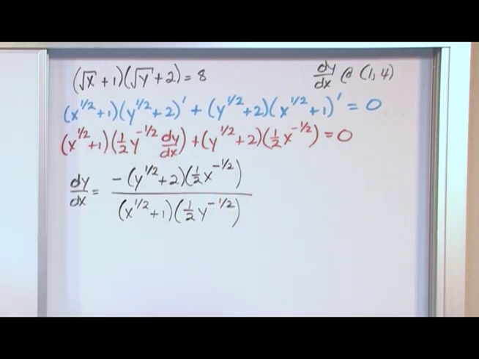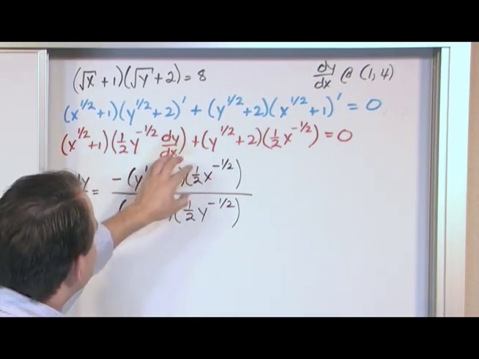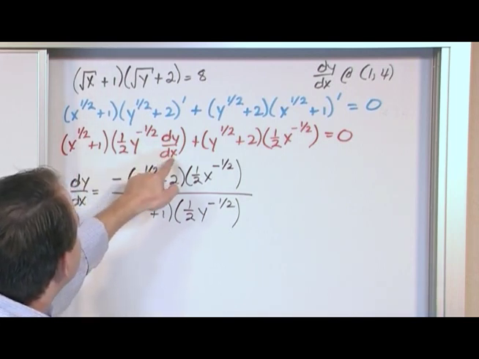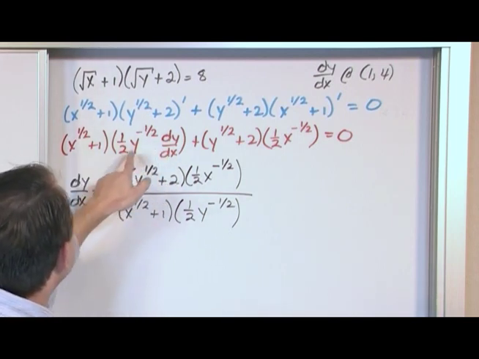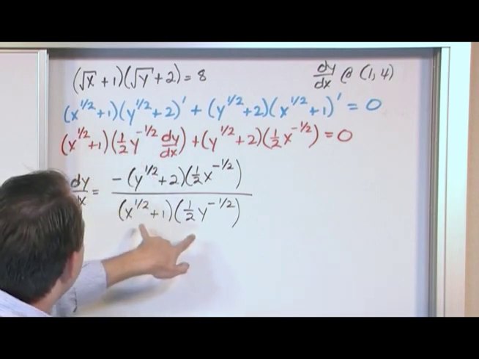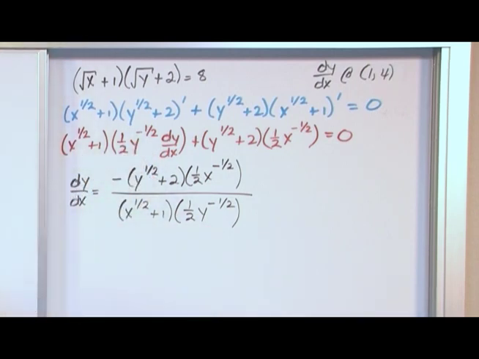Make sure you understand that because you won't get any farther in the problem if you don't. Basically, we're just solving for this quantity. So we take this entire term, we move it to the other side, that makes it negative, and then we have all this stuff sitting out in front of the dy/dx, this entire parenthetical plus this guy, so we divide by both of them, and that's why they end up on the bottom over there.